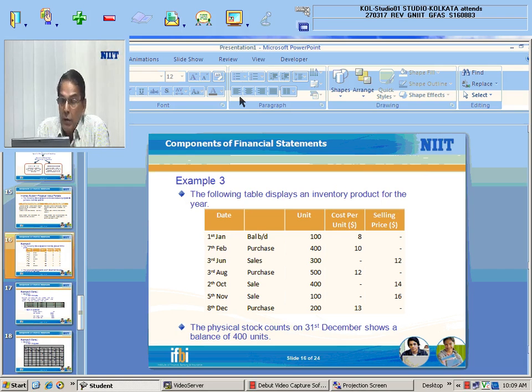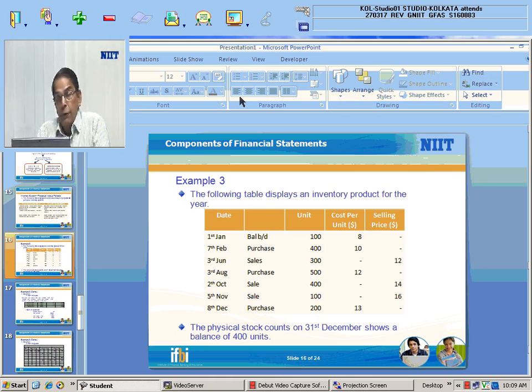The physical stock count on 31st December shows a balance of 400 units. That is okay because opening inventory was 100 units, purchase was 1100, so 1200 total. Sales is 800, so 400 units are left in the physical stock.